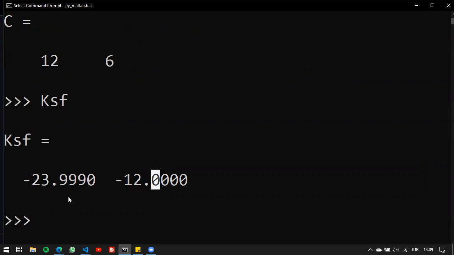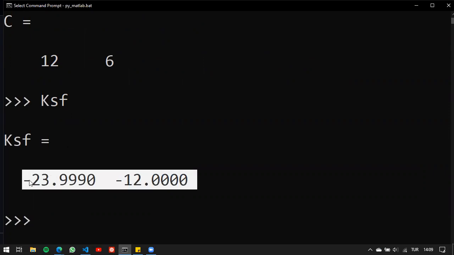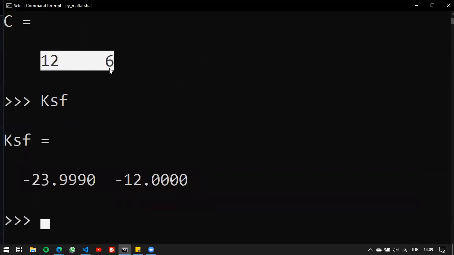So it's almost twice the size here. And we've chosen k equal to 2. So it seems like if we use this set of poles, we are aligned with the C vector here. KSF is aligned with C.